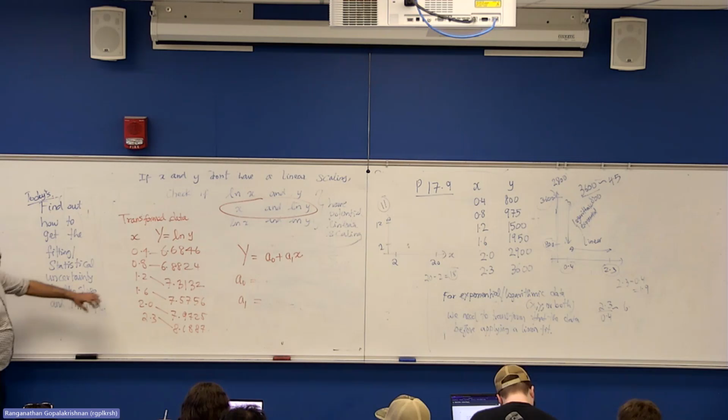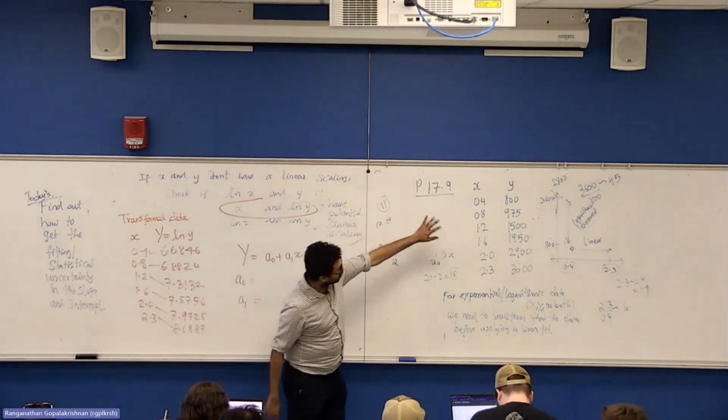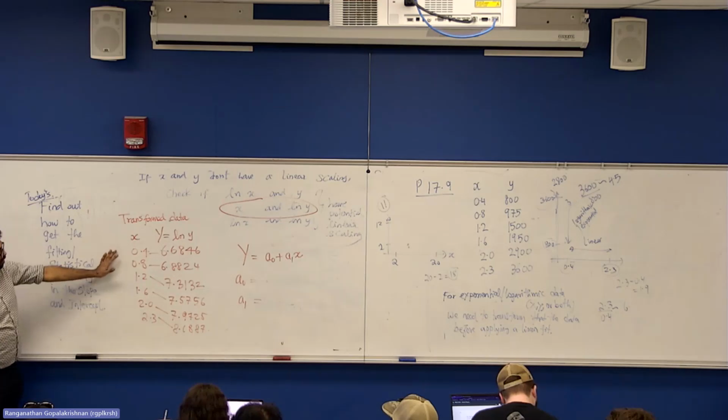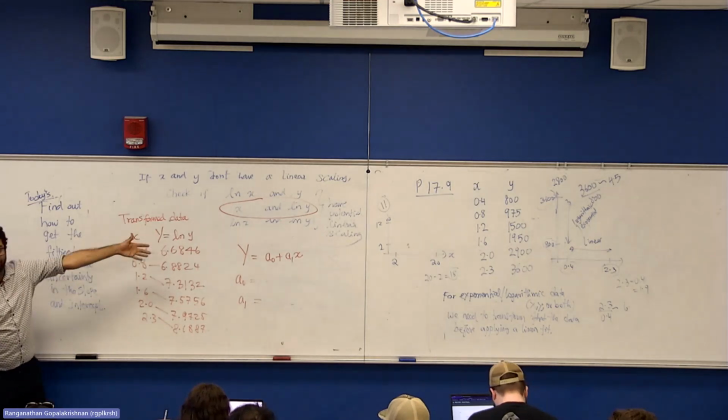Until you get a naught and a1, you can forget about the old data set. This is your data set. Let's solve for a naught and a1 like I showed previously.